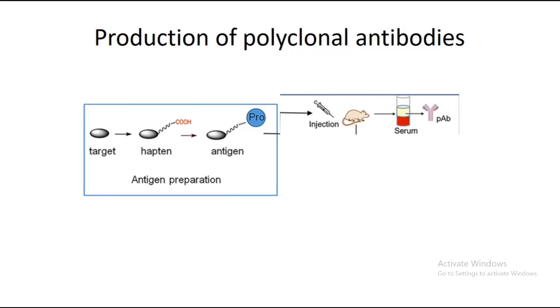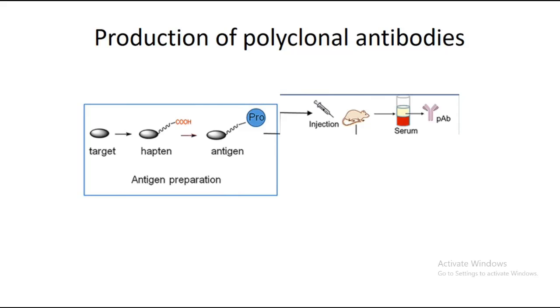So once we've produced this modified antigen, we inject it into the mouse model, and we wait for a period of time, and during that period of time, the mouse will produce a cocktail of antibodies directed against CRP, or the antigen. So we allow that reaction to take place, and then we collect the serum and we extract the antibodies that are produced.